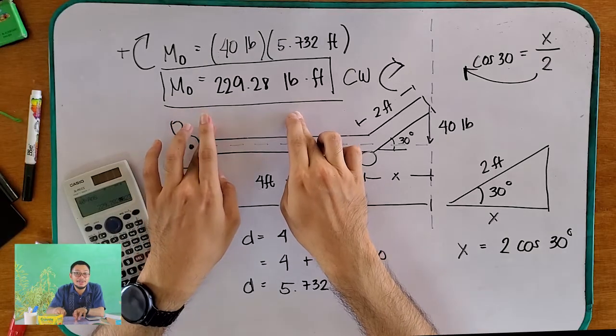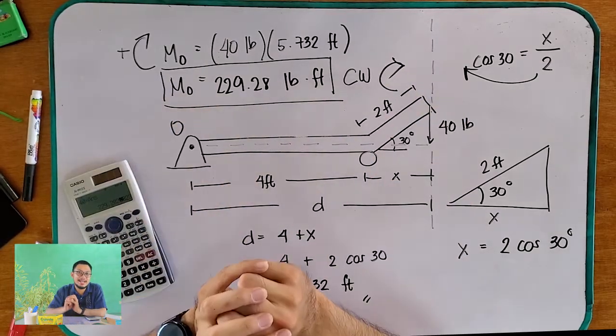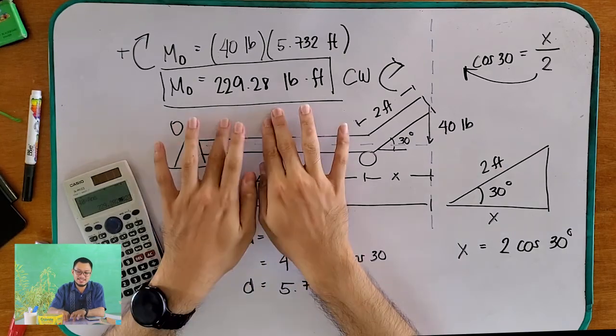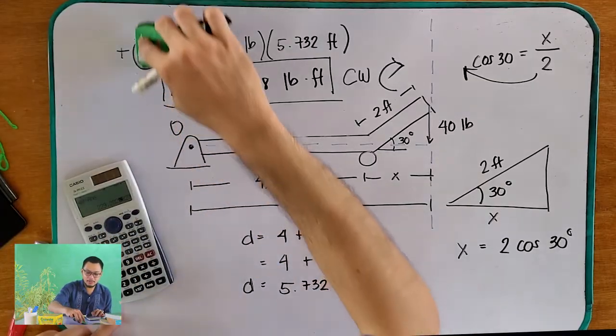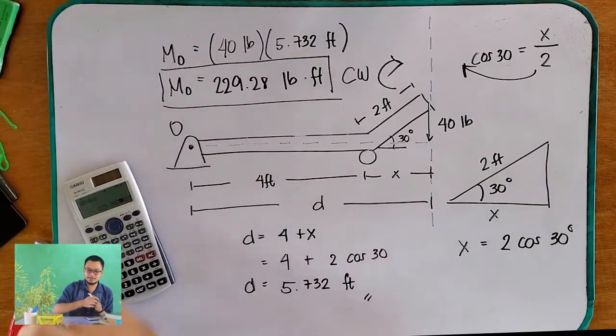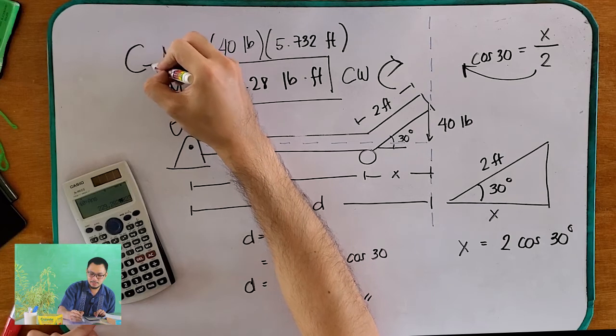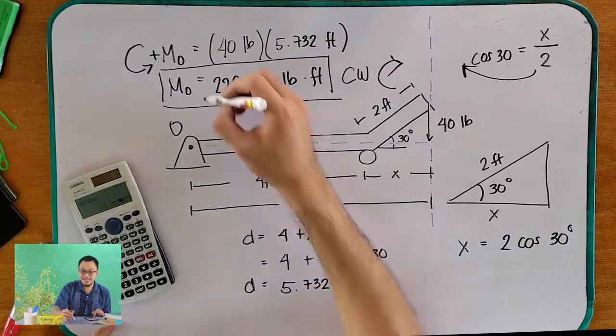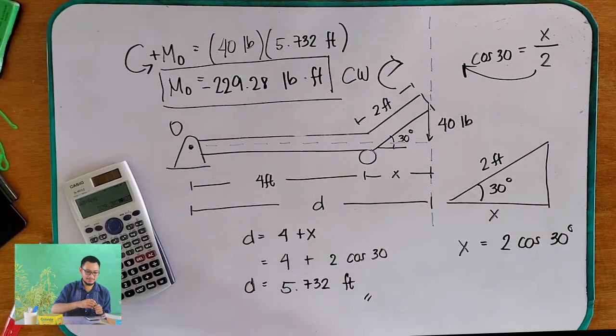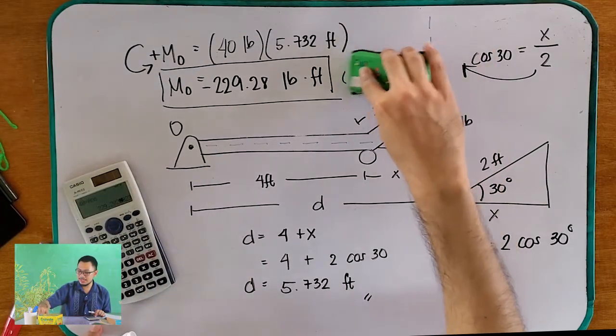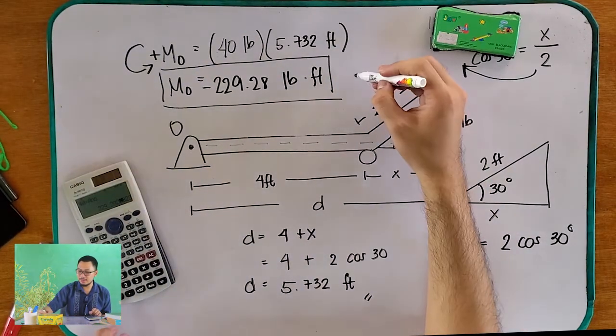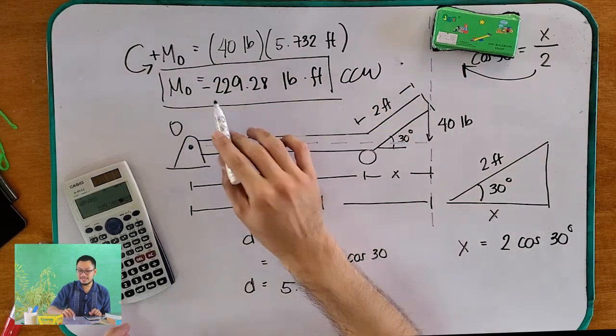Okay? So, take note, to make this one a vector, you should specify the direction. To specify its direction, just say clockwise. Or, how about if I assume here that counterclockwise is positive? The answer here will be negative, and you say counterclockwise, CCW, negative.